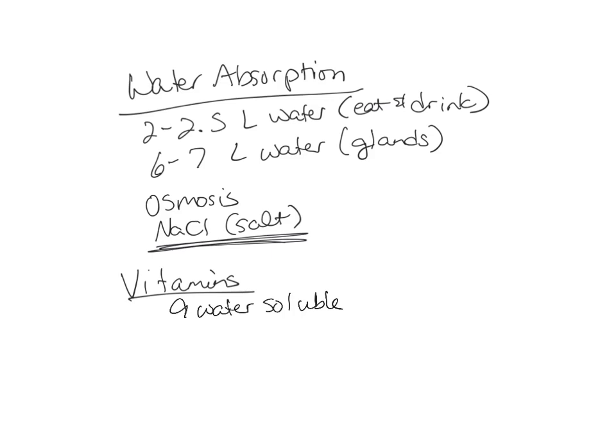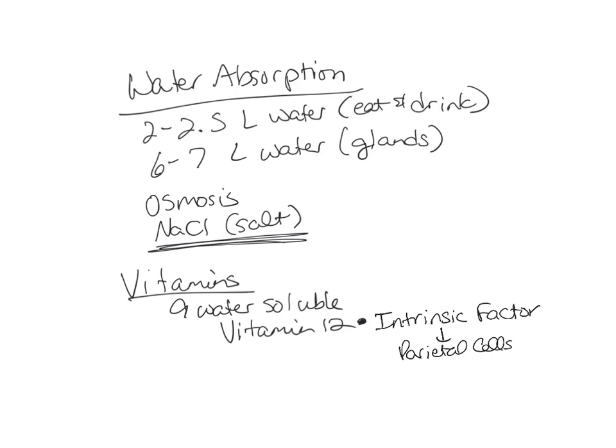The only one that's difficult to absorb, or takes a little extra work, is vitamin B12. If you remember from the video that you watched, vitamin B12 needs to be bound to intrinsic factor in order to be absorbed into the body. And intrinsic factor is secreted by parietal cells in your stomach.